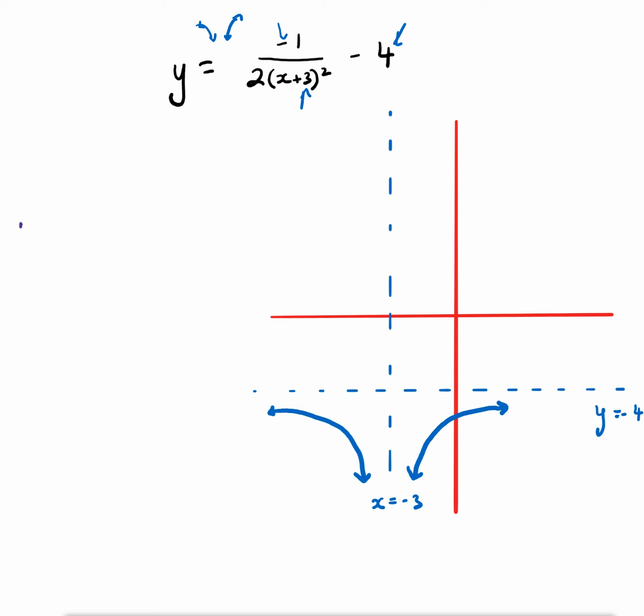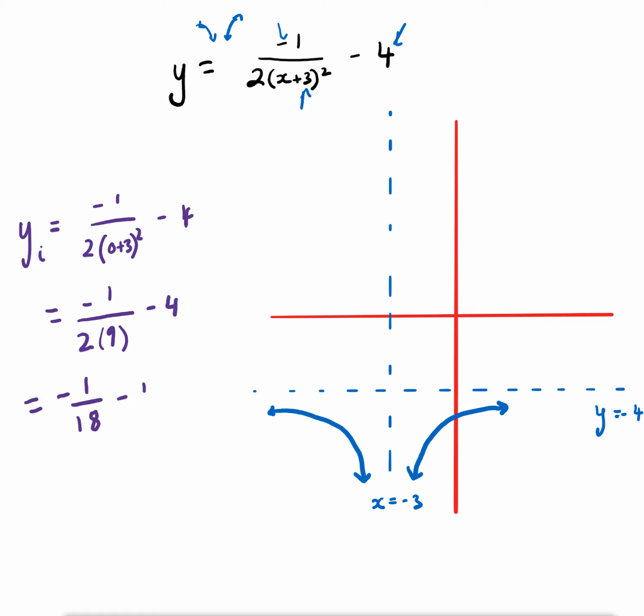So to start off with, y is negative 1 over 2, 0 plus 3 squared minus 4. So that's negative 1 over 2 times 3 squared, over 2 times 9. We got minus 4. So negative 1/18 minus another 4.